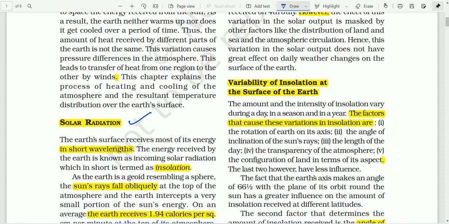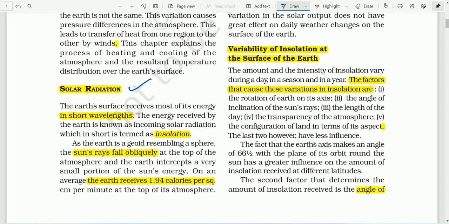What do you mean by solar radiation, and why is it varied? The amount of solar radiation received by us varies from one place to another. So let us read here.